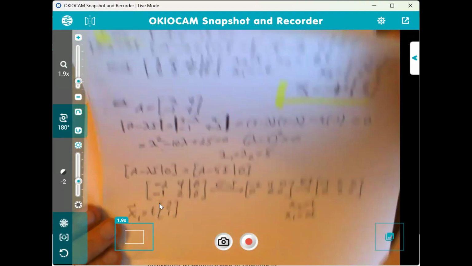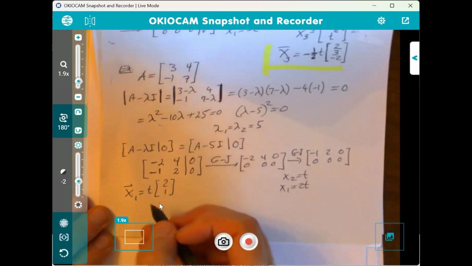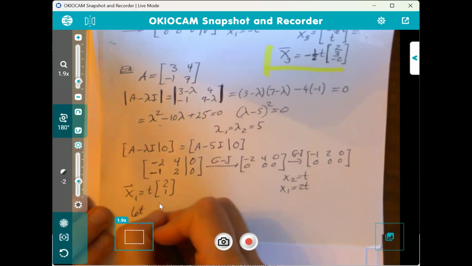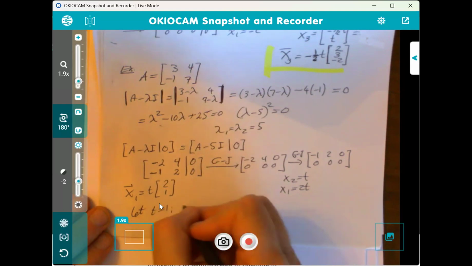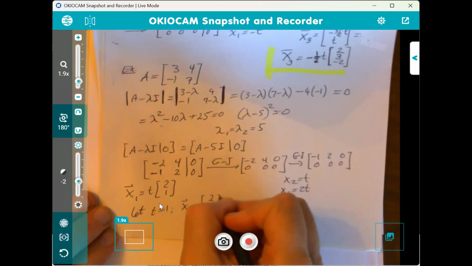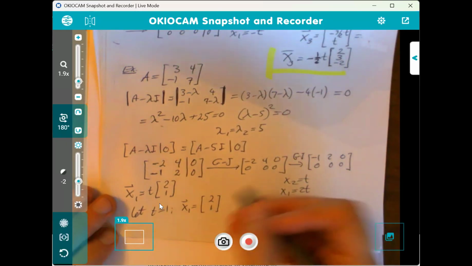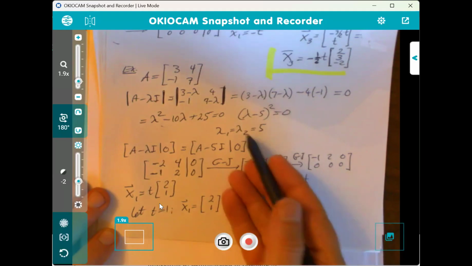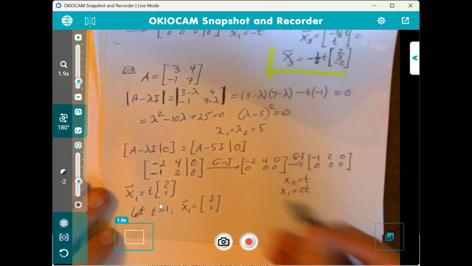And if you let t equal 1, then you simply get x1 to be (2, 1). Here's my one eigenvector. Because it's a repeated root, it doesn't make sense to do this twice, right?